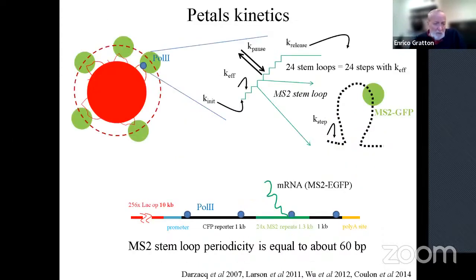Now we can measure one petal, and in this system the RNA is produced, so we see the green fluorescence coming out from one of the petals.